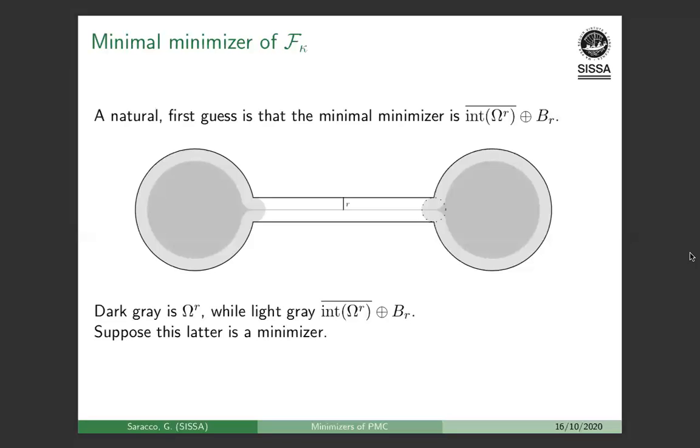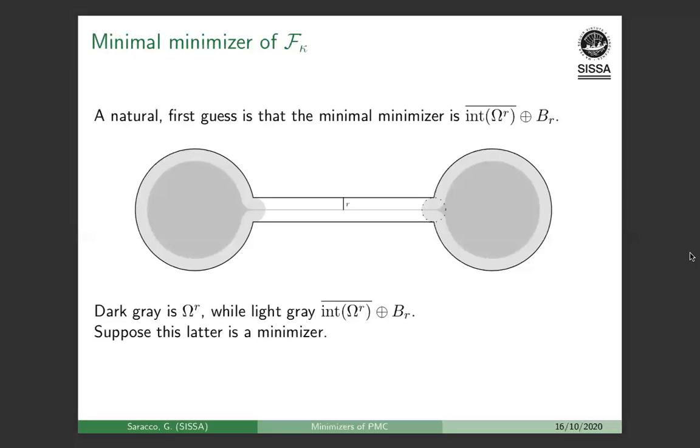Now, let us consider this example where the dark gray set is the inner parallel set at distance r. So your candidate to be a minimizer is the light gray set. And in this case, well, okay, two balls of radius r, and the thin tube has width exactly r, being r the inverse of the curvature you prescribed at the very beginning, okay?